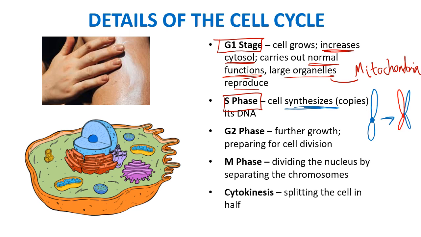And we'll learn more about that when we do mitosis. The G2 is growing again, and it also prepares a little bit more for cell division. And then the M is the interesting part, where all the chromosomes split apart and we make a new nucleus. That's our next section. And then the cytokinesis is splitting that cell in half to make two new daughter cells.